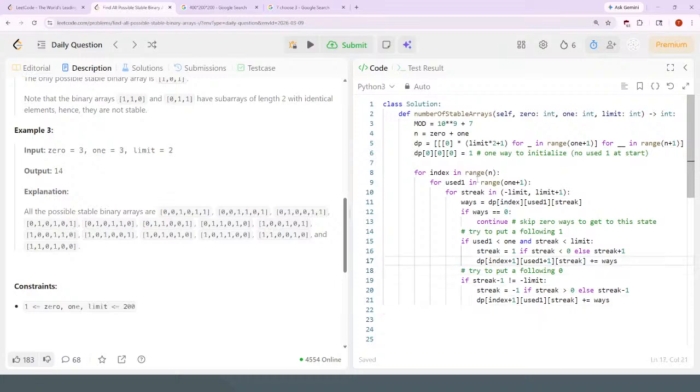I guess this should always be equal to mod, plus this equals ways.